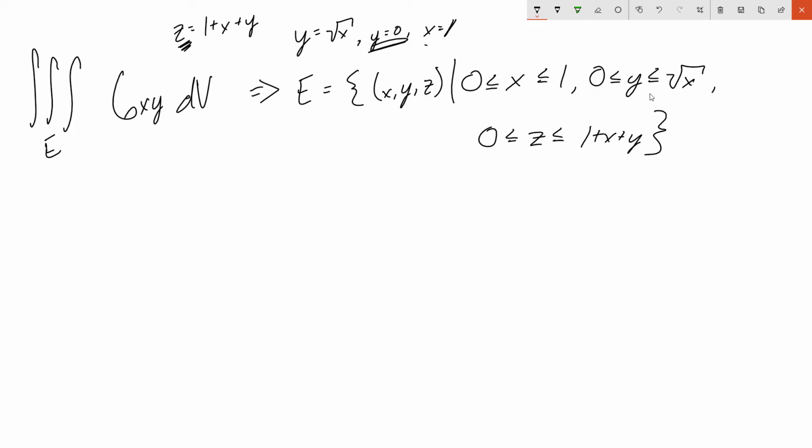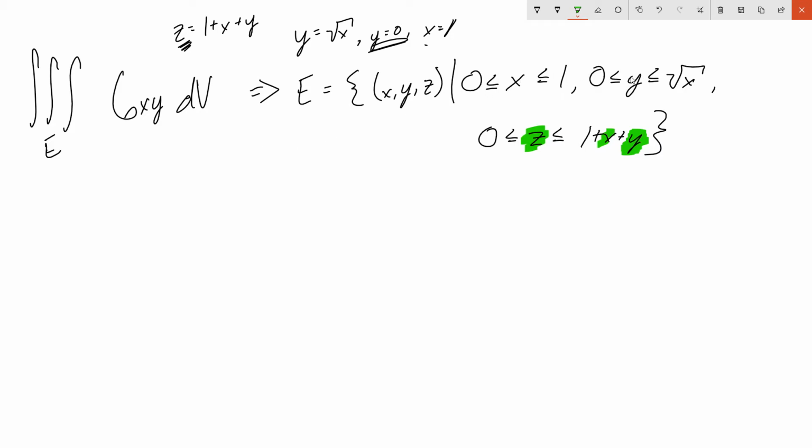Like I said, we're going to have to evaluate dx, dy, dz, but choosing what order to do it in really comes down to looking at the variables over here. So let's look at z. Z is evaluated in terms of x and y. Now that tells us we're going to want to have that come pretty early, because if you remember that last example, we eventually want to work out these variables, and then at the end integrate one of the variables and end up with a solid number.